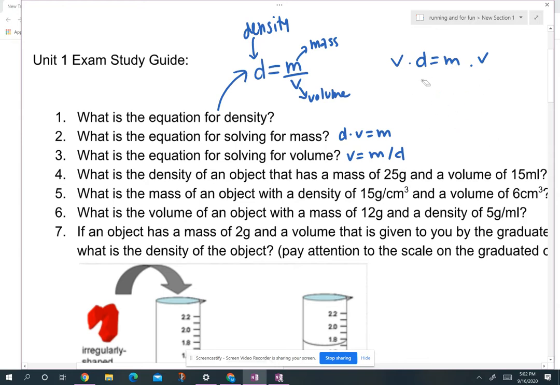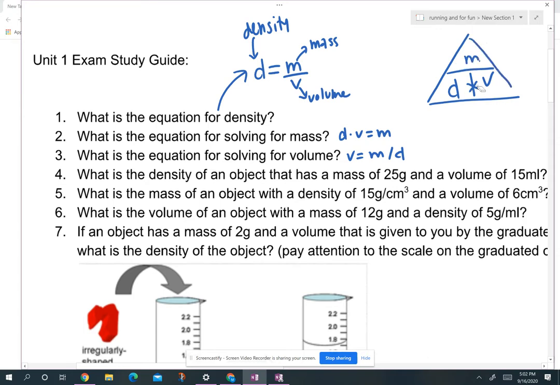Another way to get this equation is to use the triangle method. The key to the triangle method is to always write down the triangle correctly. If you don't write it down correctly, you're not going to get the right equation, right? So D, M, V. If I'm looking for mass, I would cover up the M, and then you get D times V, because it's a cross.